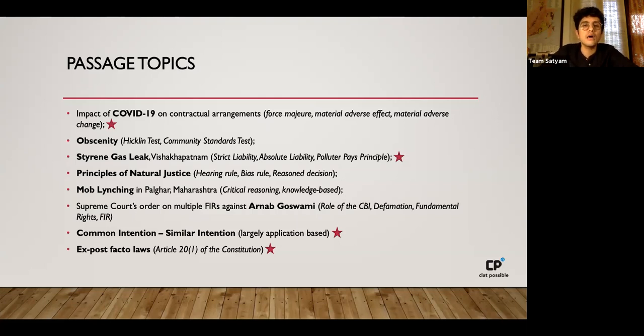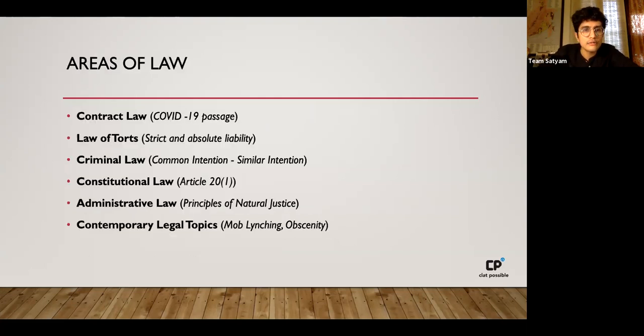All right, so let's look at the areas of law that were tested. They have not left out any area of law. Unlike AILET, where constitutional law was not really tested in the principal reasoning based questions, you had contracts over here, you had law of torts, criminal law, constitutional law, administrative law, and of course, contemporary legal topics, which could not be categorized into one area of law.